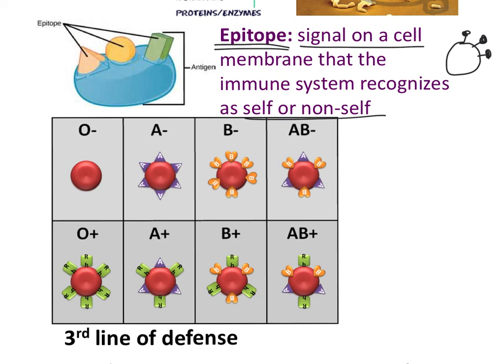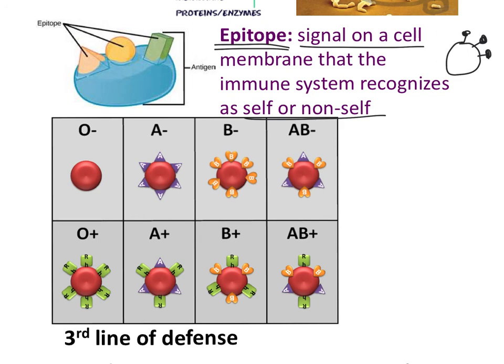So my neutrophils would use that shape to identify that that is a foreign cell and thus it should be killed. One example of the use of epitopes is when it comes to blood typing, donating blood, and receiving blood.